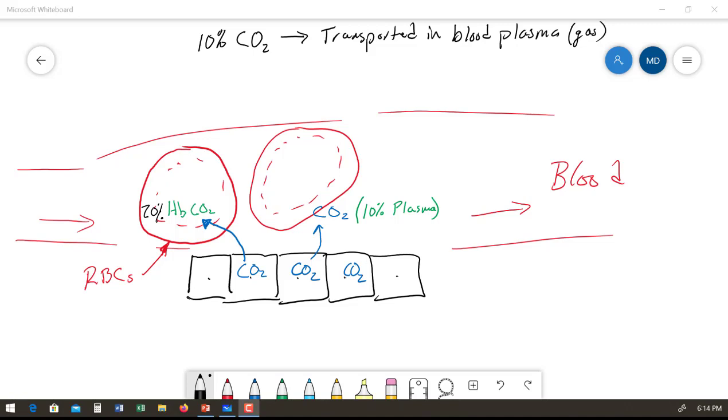So we can add that up here to the top of our screen. Let me bring that back over. And we can say that 20% of our CO2 production is going to be transported away in a form called carbaminohemoglobin.